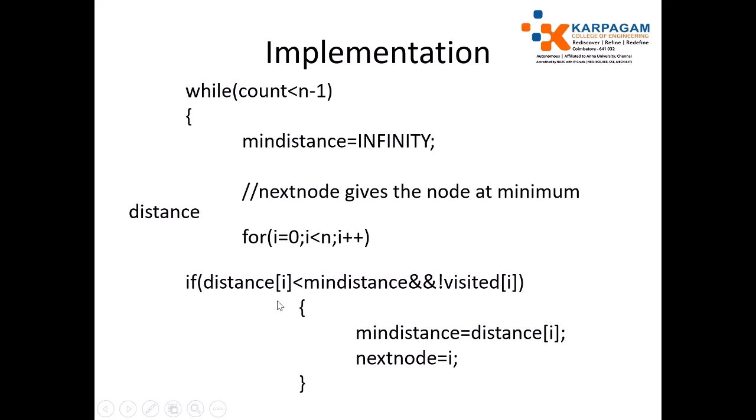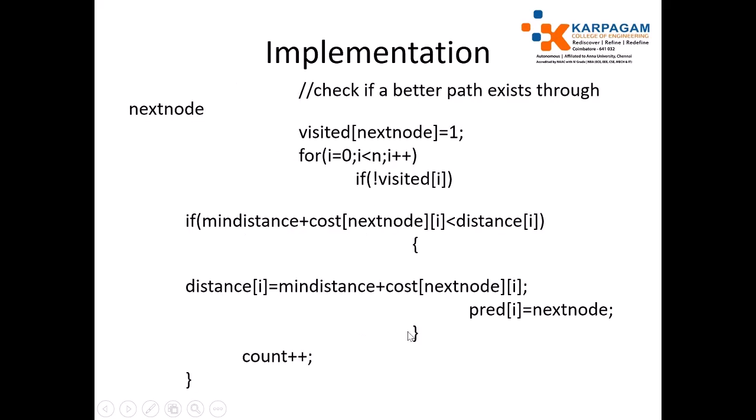If the distance of I is less than the minimum distance and it is not visited, just record the minimum distance and record the next node to be visited. And the next node is set as visited, that is, set as 1, and by using a for loop we check the adjacent nodes.